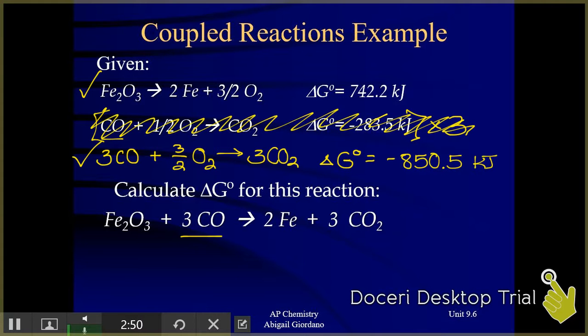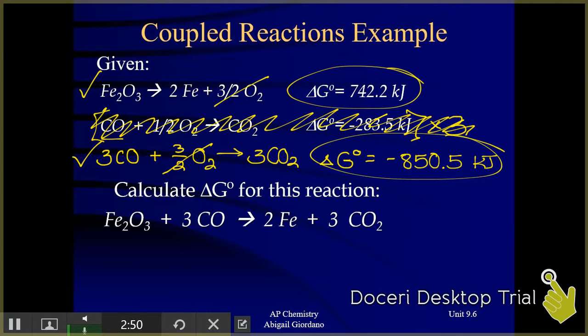If I add these two equations together, 3 halves O2 is going to cancel out, and everything that remains matches up with this overall equation that I was supposed to get. I'm going to add my two values together, and here's the delta G of this overall reaction, negative 108.3 kilojoules.